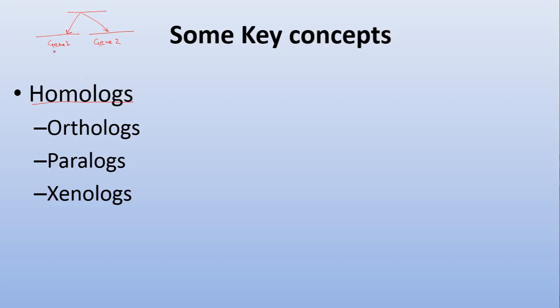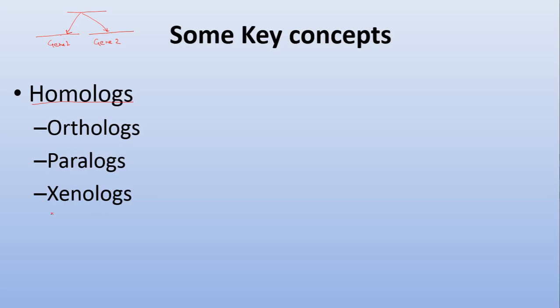Now, based on how these homologs arise from the common ancestor, you have different types of homologs. We call them orthologs, paralogs and xenologs. So homologs can be orthologs, paralogs, or xenologs as well.